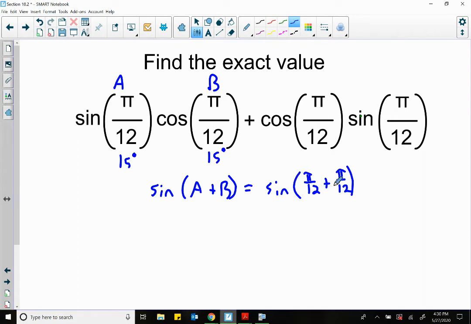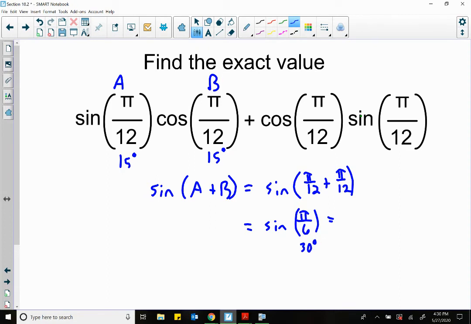Okay, so if you add these together, leaving them as the fractions they are, you would end up with sine of pi over 6. That's what they are wanting you to figure out. Or in other words, if you added 15 plus 15, that would be the 30 degrees here.